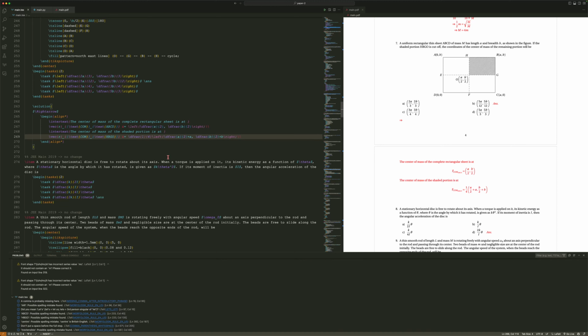So let's modify first. a by 2 plus a by 4, so like that.